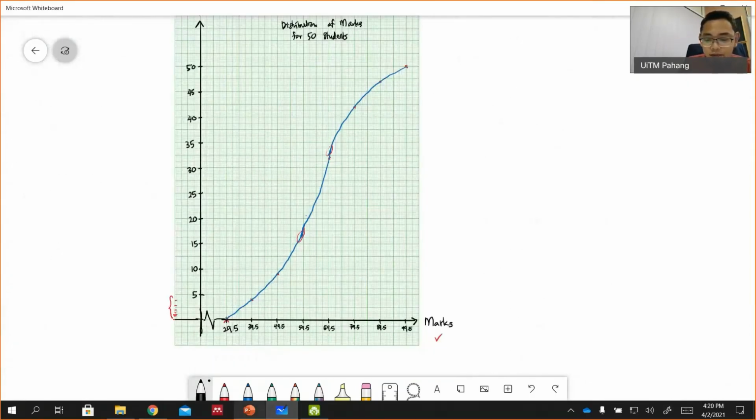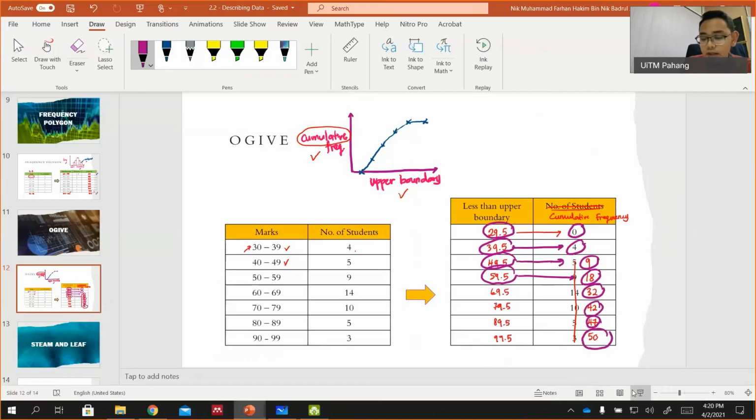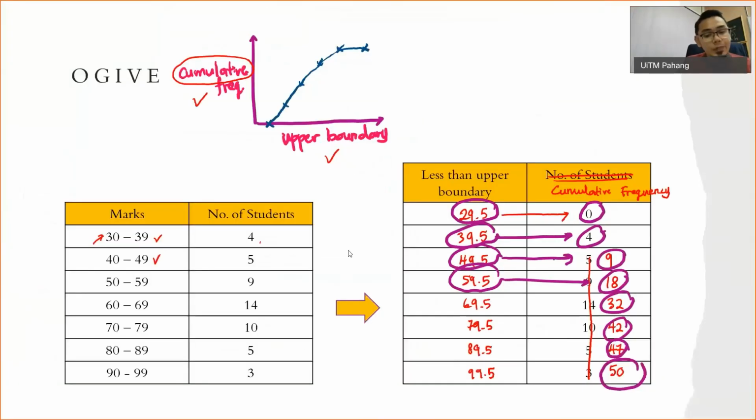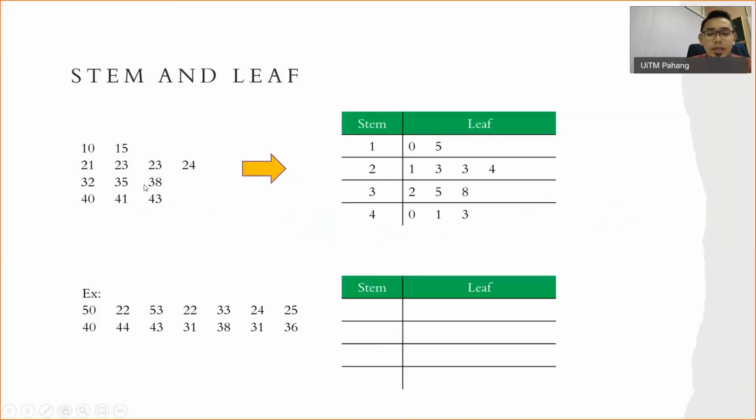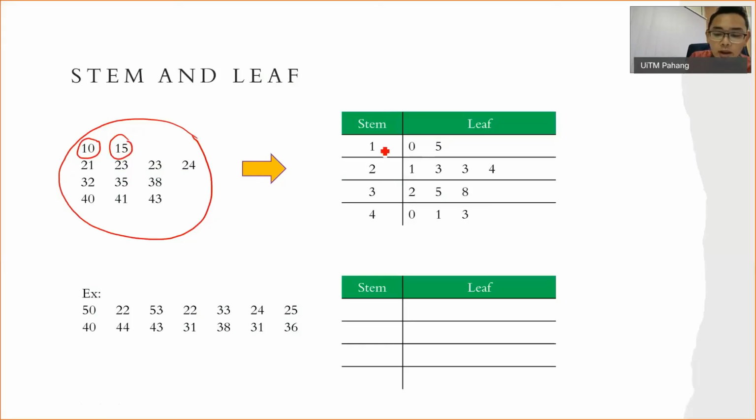All right, so let's look at the last one in your quantitative data. The last one is actually the stem and leaf, right? So stem and leaf. Okay, from this type of data, we want to put in the stem and also the leaf. All right, so you take this 10 and 15 to be 1 is here, 0 and 5 is there, right?